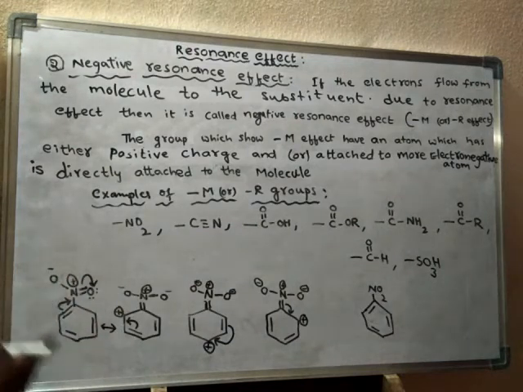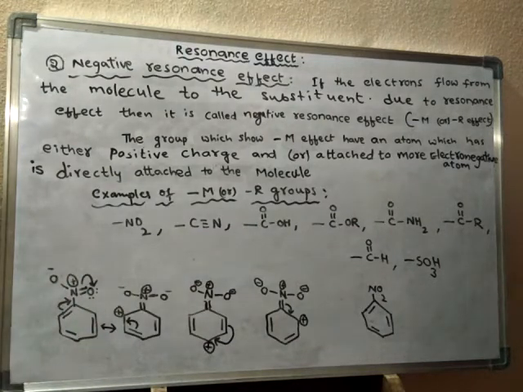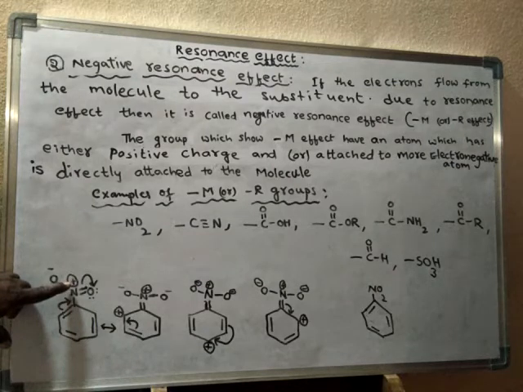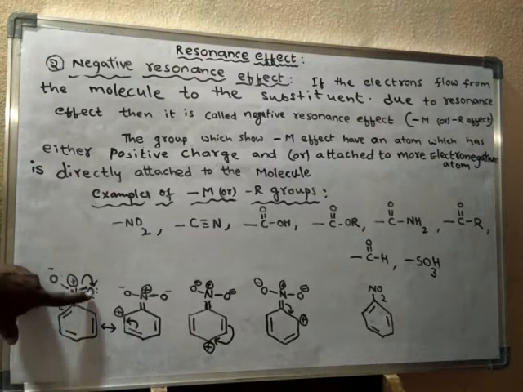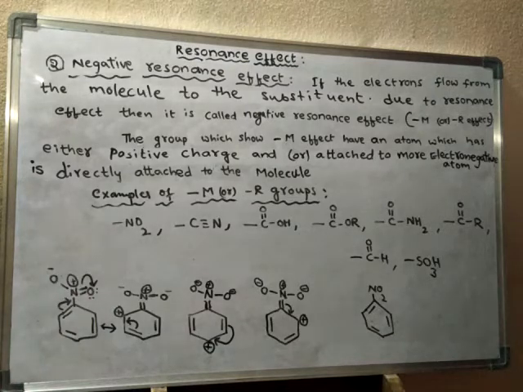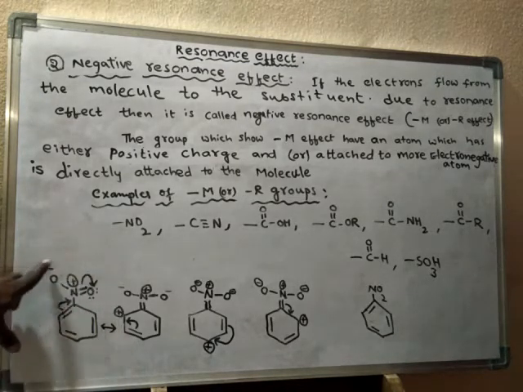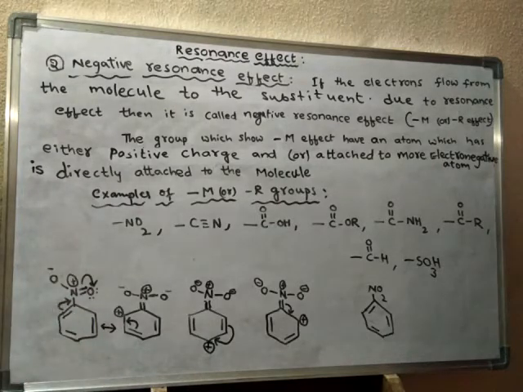So this is the structure of nitrobenzene: nitrogen, 2 oxygens and benzene. See, in nitrobenzene, the nitrogen has either partial positive charge or complete positive charge, and that atom is attached to the more electronegative atom. Such a group is said to be a negative resonance effect group.